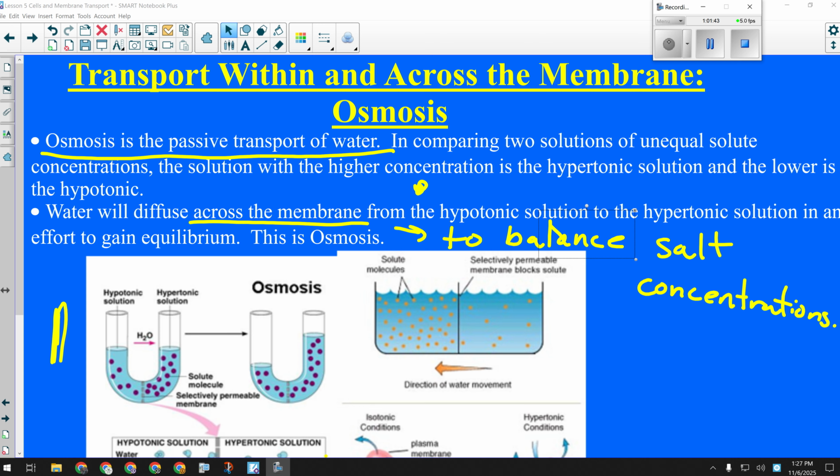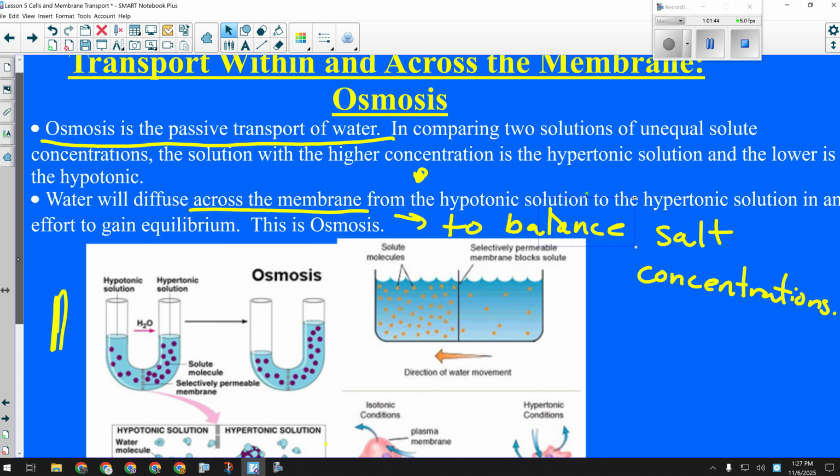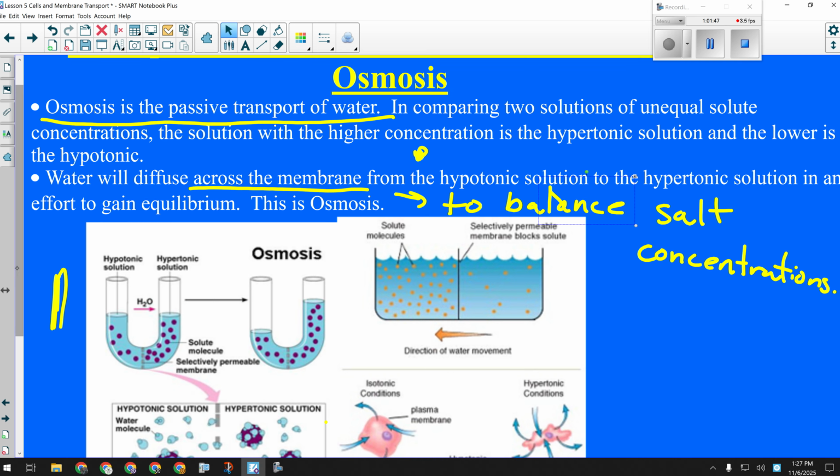All right, so this is actually an experiment that you'll probably do in Bio 30 when you're doing the kidney units. You're doing excretion and talking about salt balance within the kidney. You'll do an experiment where you have a horseshoe-shaped test tube. In the middle of it is a place where you can put a piece of sausage casing, and a sausage casing is just the intestinal lining from a pig usually. So you put that across there, you now have a cell membrane.